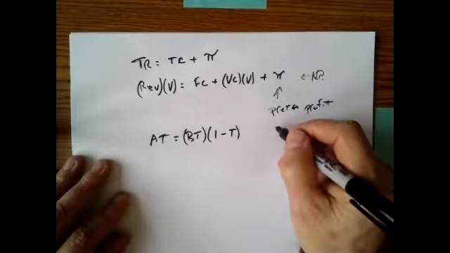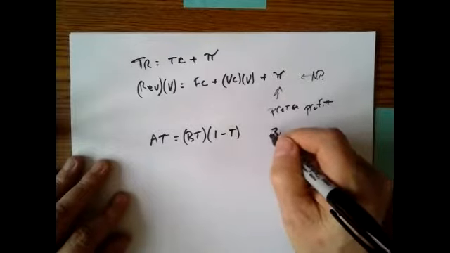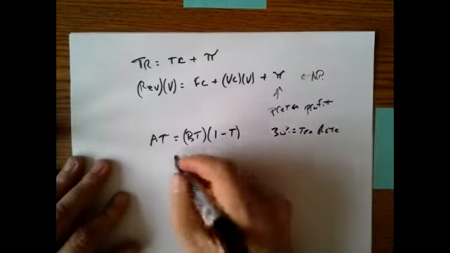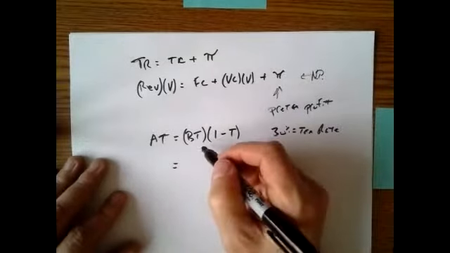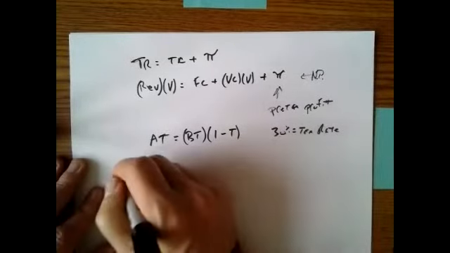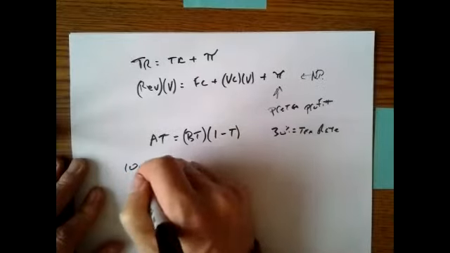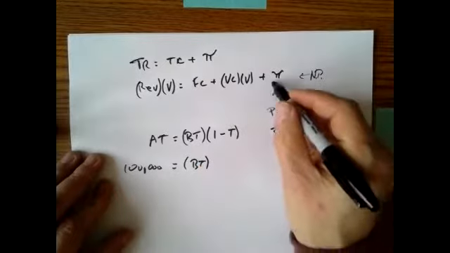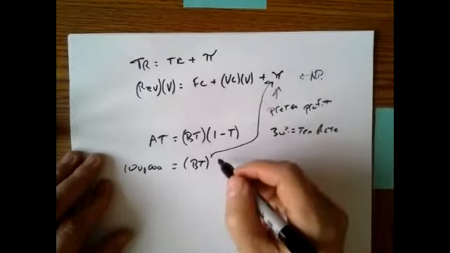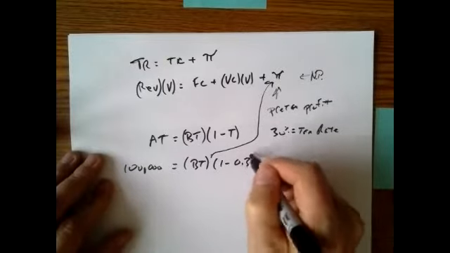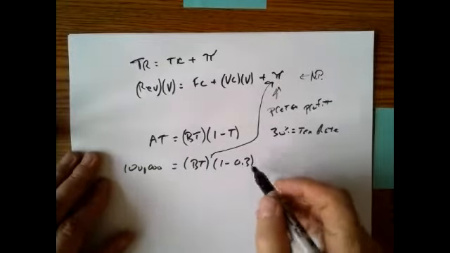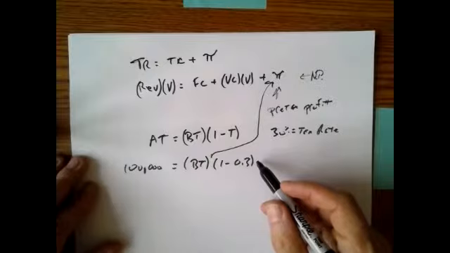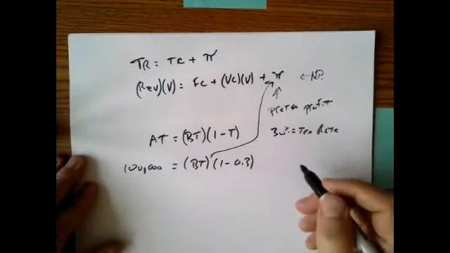If we assume it's a 30% tax rate, and we want an after-tax profit of 100,000, what would our profit wedge have to be in terms of before taxes, in order to compensate for the 30% that the government's going to take in taxes?